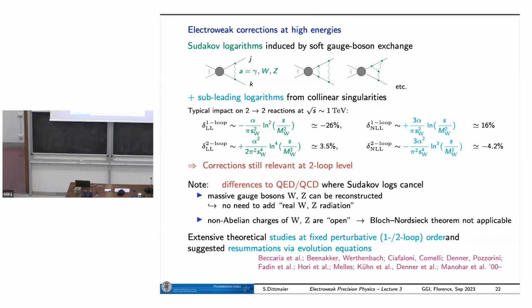It's a statement about the cancellation of singularities. And the question is, why doesn't it happen here? There are at least 2 distinctive differences. I told you already that the KLN theorem basically has the level of inclusiveness as the basic requirement when all these corrections should compensate.